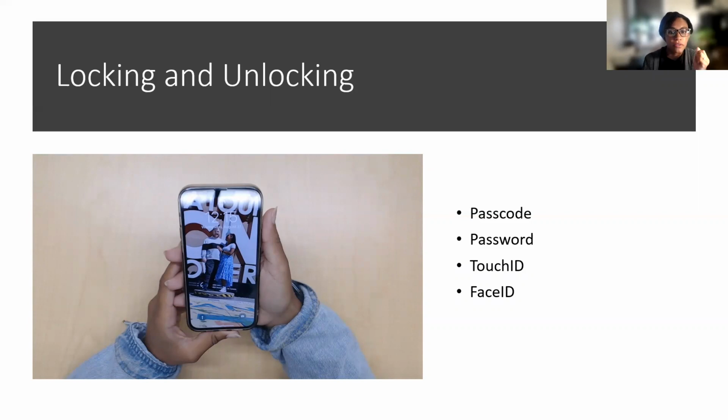And it's important to note with both Touch ID and Face ID, there is a backup passcode or password that you can enter in the event that, you know, it's the middle of winter and your hands are in gloves, or it's the middle of summer and you have on big sunglasses and a sun hat, so your Face ID isn't registering the same. You can still enter a 4-digit code if you prefer to.